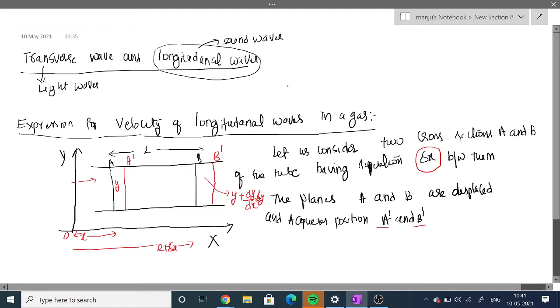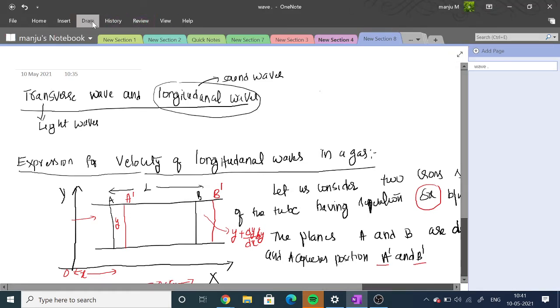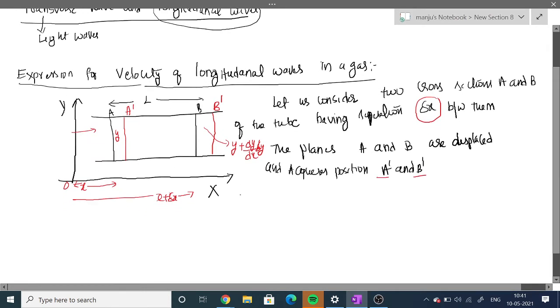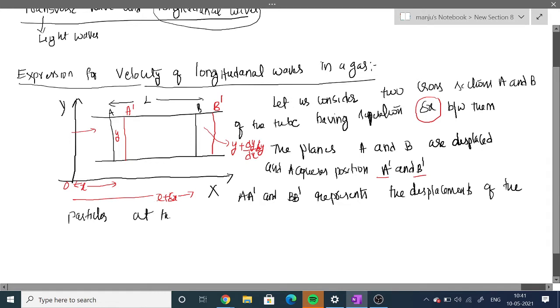So what do A dash and B dash represent? They represent the displacements of the particles at the planes A and B respectively.